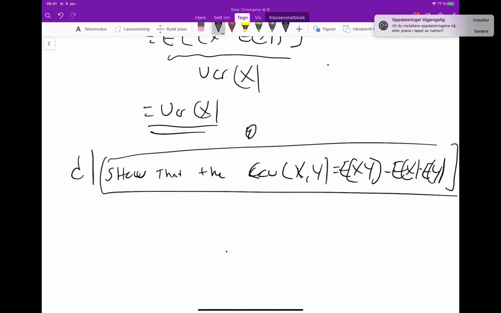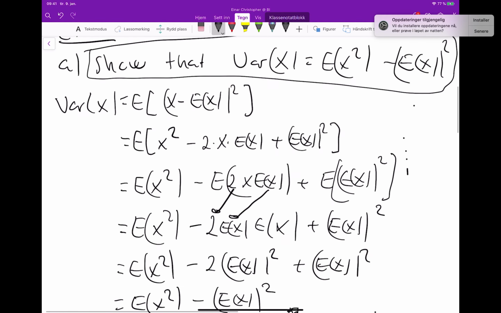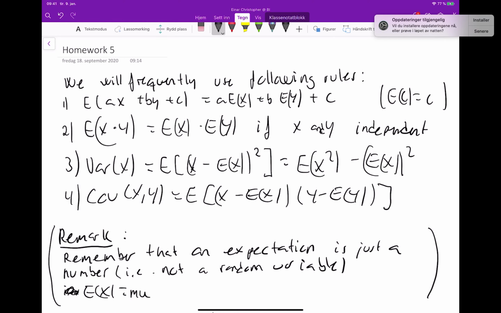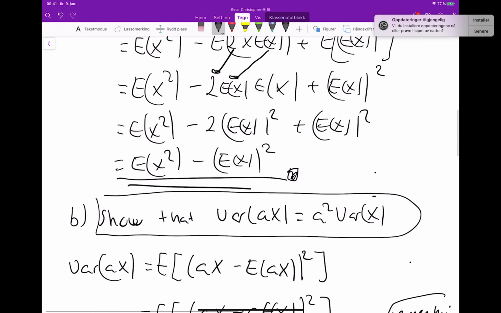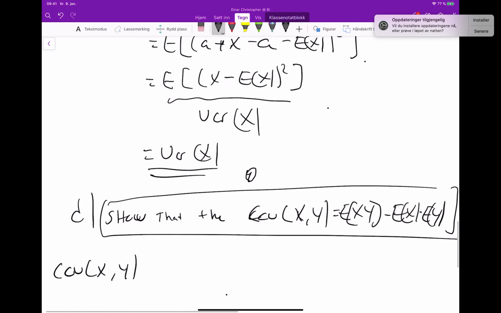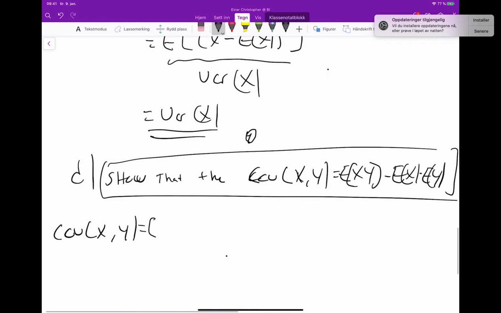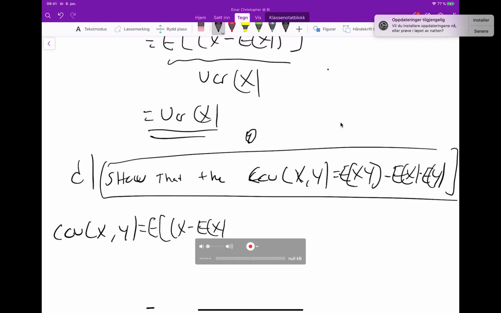But to show that, we have to use the rule from above, and then I use rule 4 here. So then I know that this can be written as the expectation of x minus the expectation of x times y minus the expectation of y.